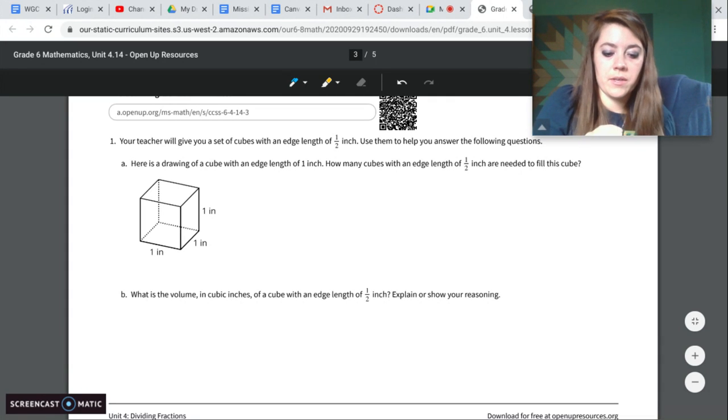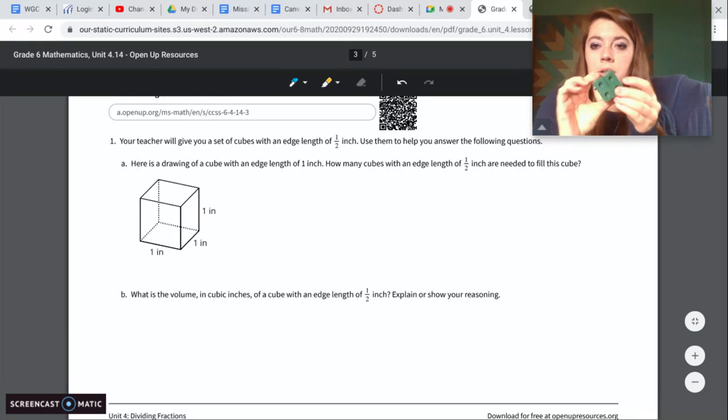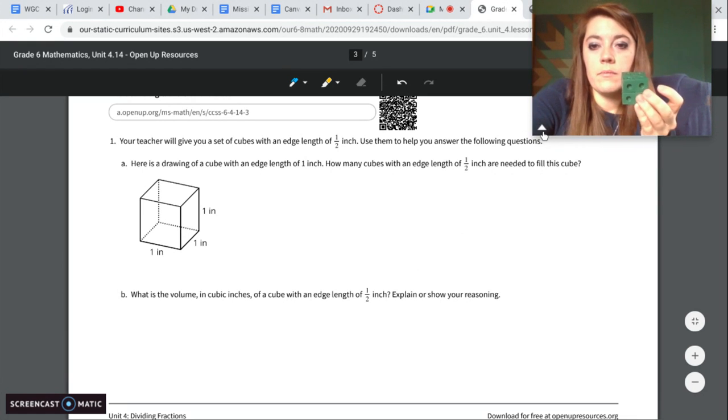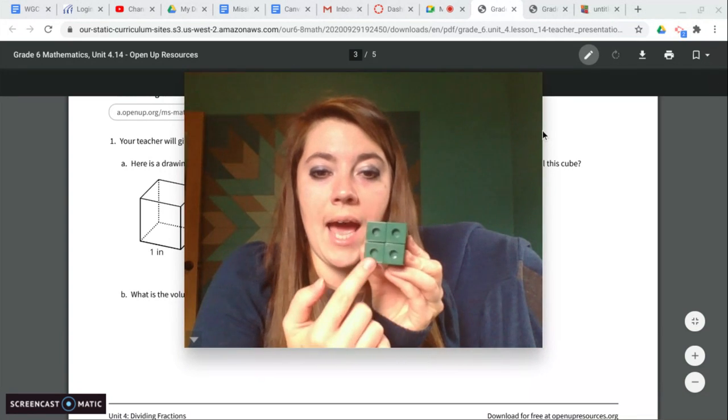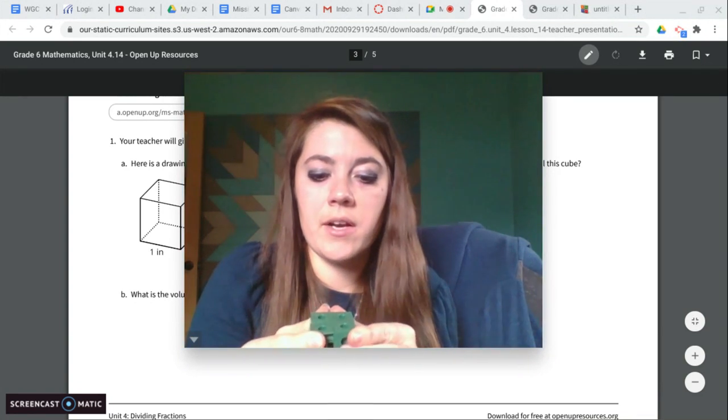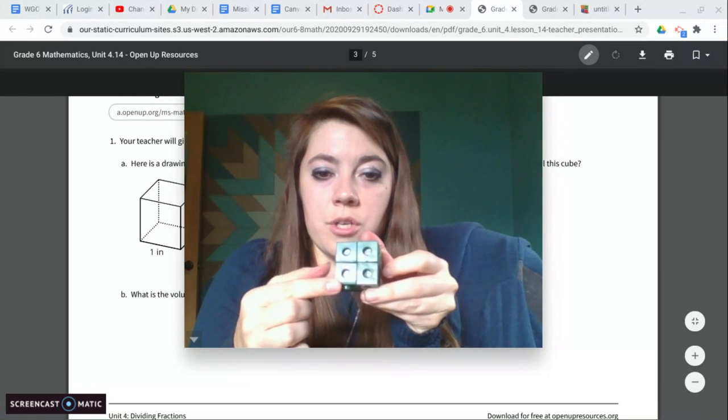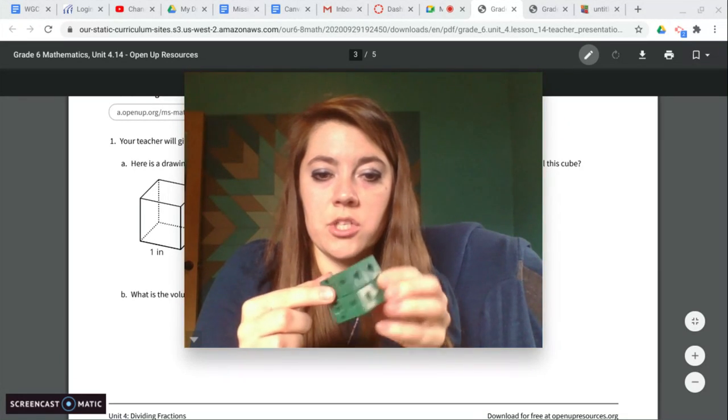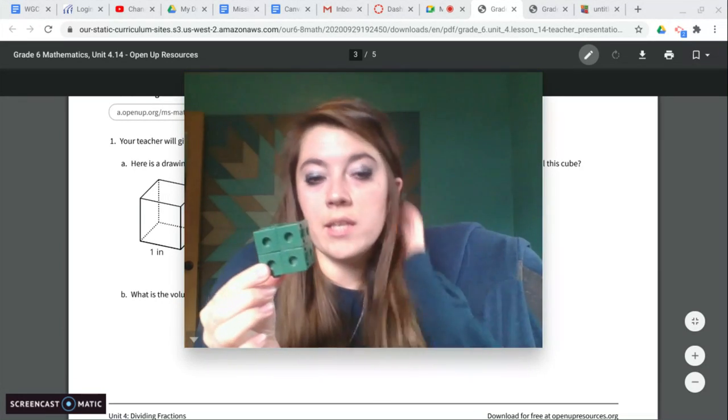So it's going to look something like this. So here is our cube. Remember, each of these cubes is a 1/2. So when we put them together, now we have 1 inch by 1 inch by 1 inch. So it's all 1 inch around here, just like the cube there.